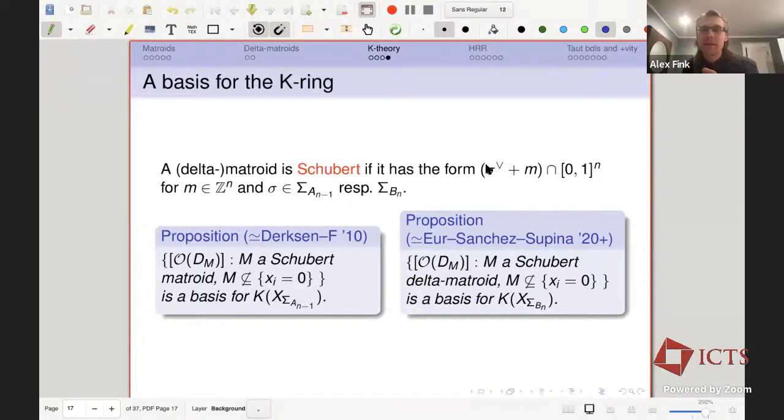Okay, and the sigma is some arbitrary, what is that? Oh, that's an element in the fan. That is a cone of the fan. Sigma is any cone of the fan. Yeah. I defined these fans as living in the dual space. So now this goes back to the primal space. Oh, okay. Thank you. Thank you for keeping me honest. I'm glad for the questions. Keep them coming. All right.